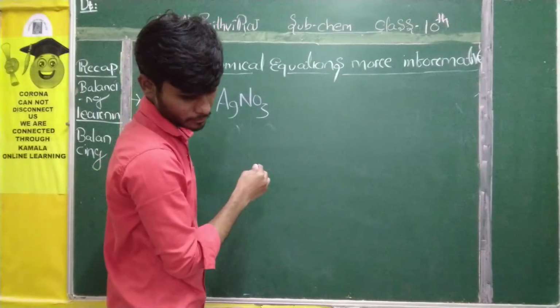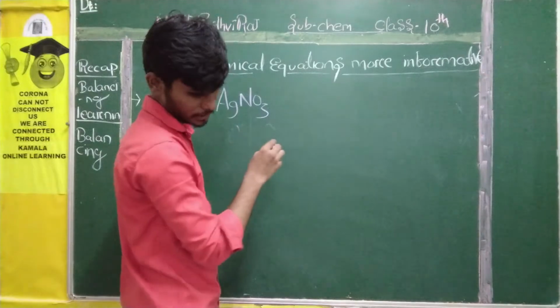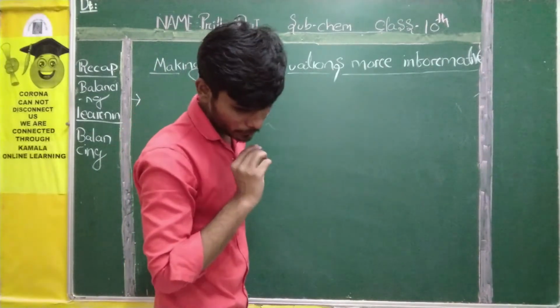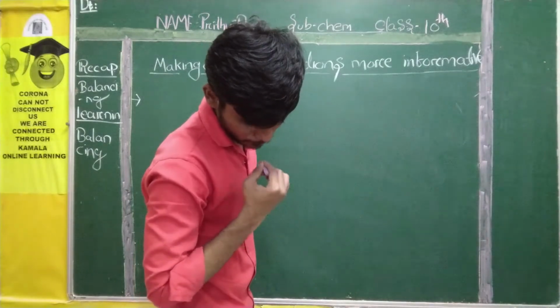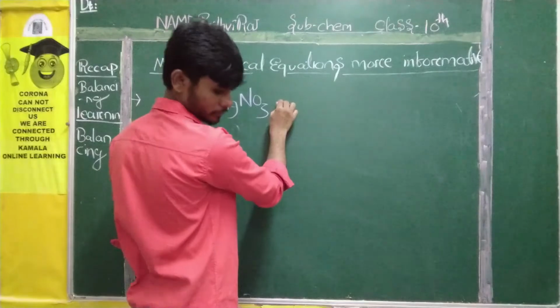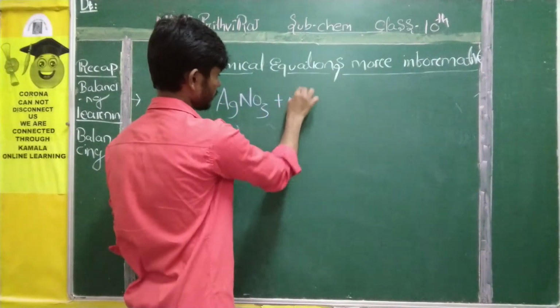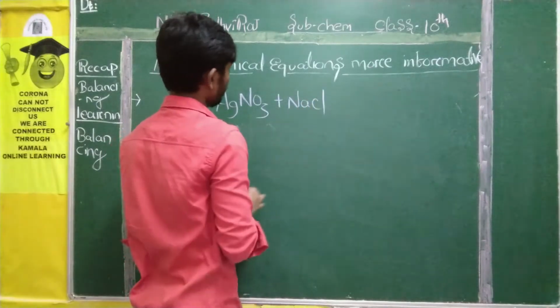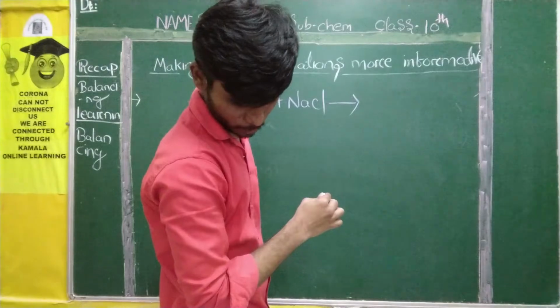AgNO3, kept in sunlight. Next with sodium chloride. What are you getting? Follow according to your book.